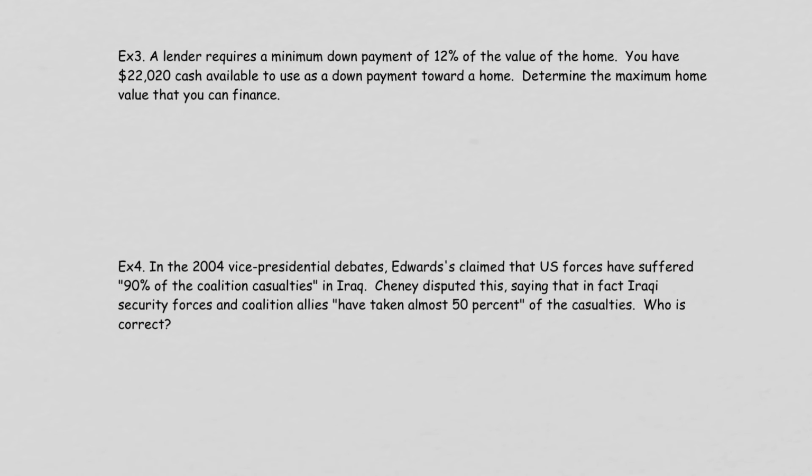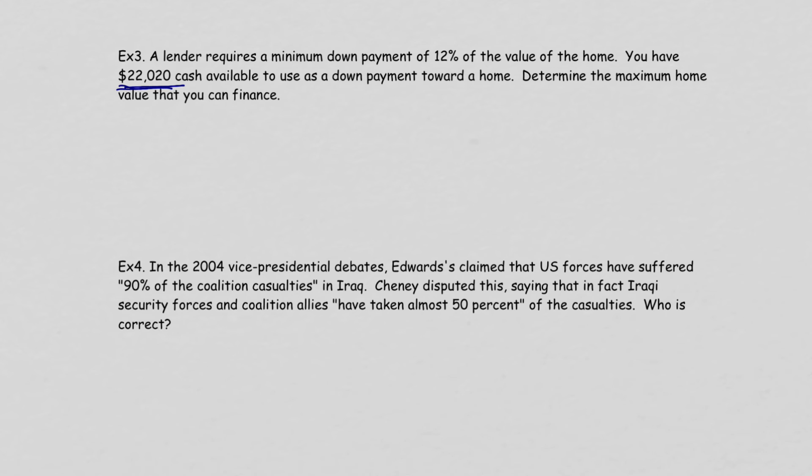You want to figure out the maximum home value that you can finance. So this is how much you have, but this has to be 12% if you want to purchase the maximum value of the home, right? So then maximum value of the home is going to be whole, and then this number is going to be a part.